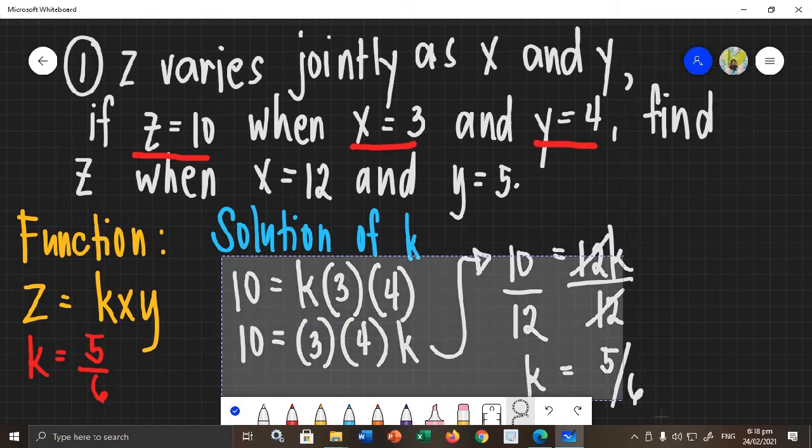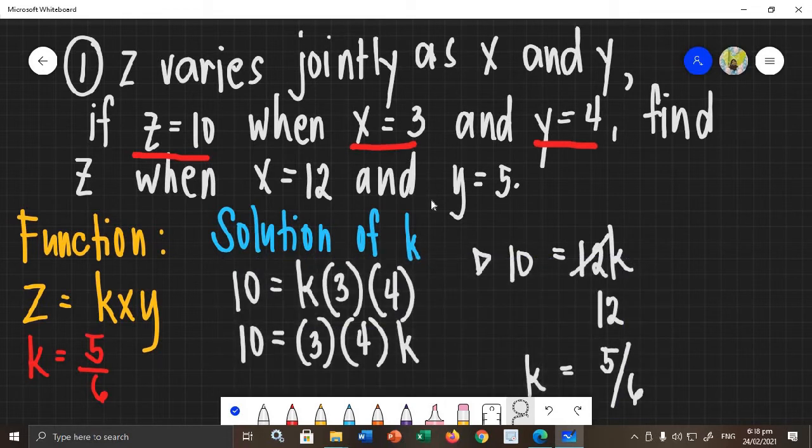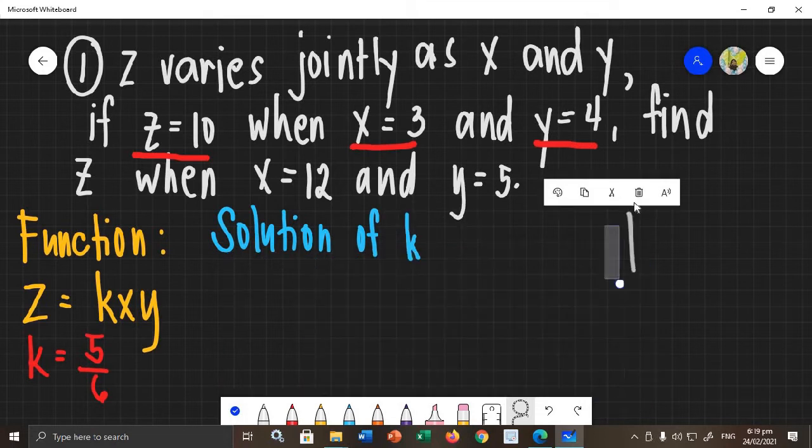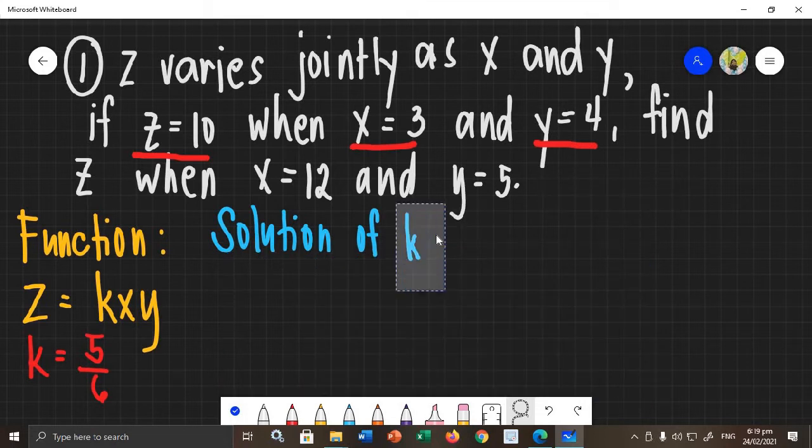Okay? And then, we now have the value of the constant. Therefore, we can now solve for the value of Z. So, to solve the value of Z, we will use the second given of X and Y, which is this, the one I underlined in orange.